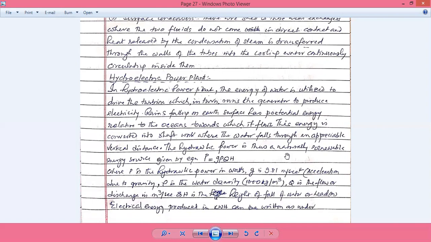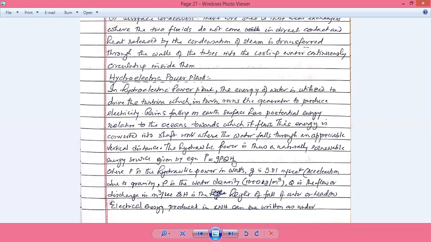So hydroelectric power, a naturally renewable energy source, is given by P = ρ g Q H, where P is the hydraulic power in watts, g is the acceleration due to gravity, 9.81 meters per second squared, ρ is the water density, 1000 kg per cubic meter, Q is the flow or rate of discharge in cubic meters per second, and H is the height of fall of water, or head.